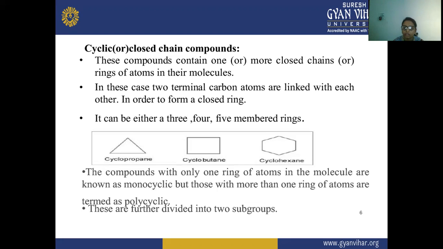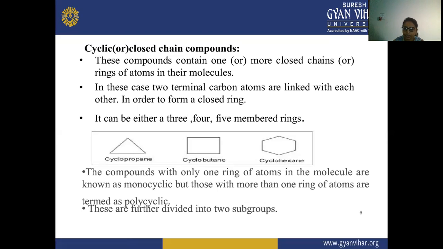Next is your five membered ring, and this is your six membered compound, cyclohexane, because it contains six carbons. The six carbon atoms are attached at the terminals and form a six-membered ring, meaning they are connected with each other. That is why it is known as cyclohexane.